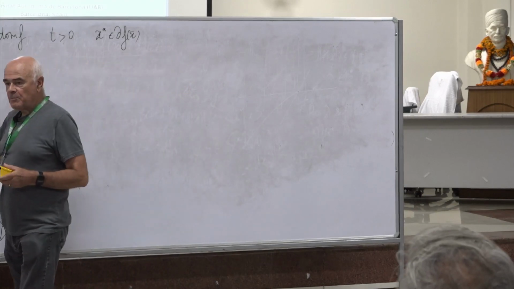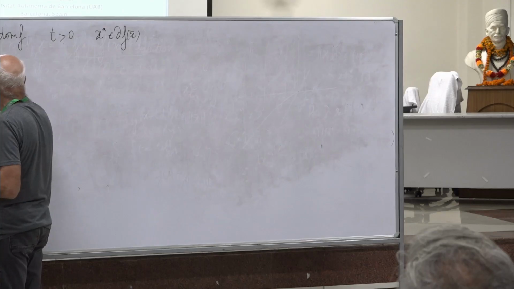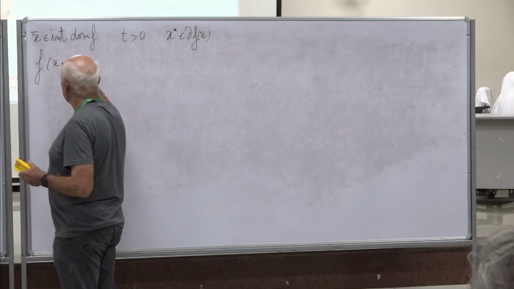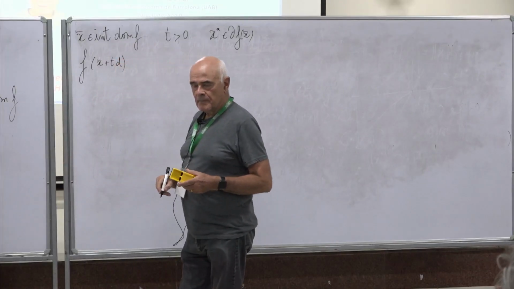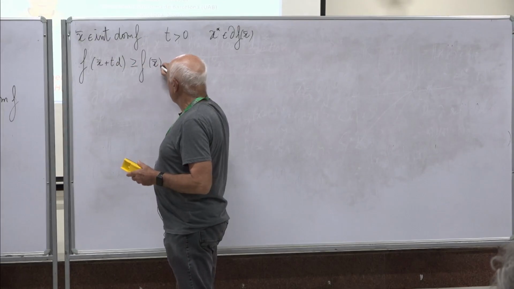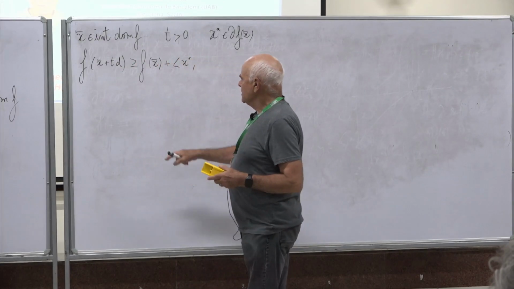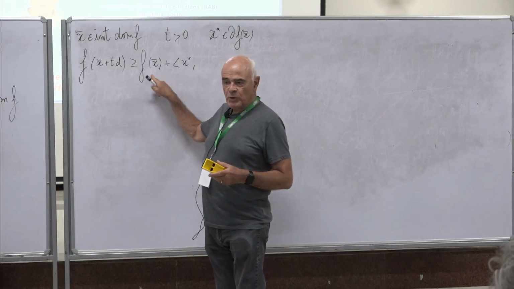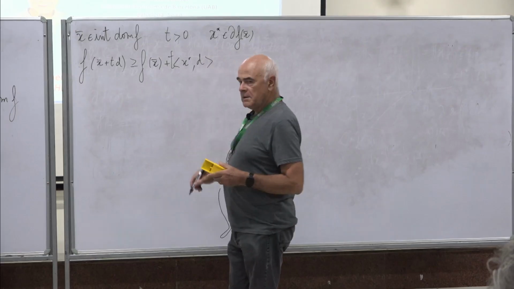I will write the subgradient inequality for x bar plus t d. This is greater than or equal to f of x bar plus x star, inner product with the difference between these two, which is t times d.